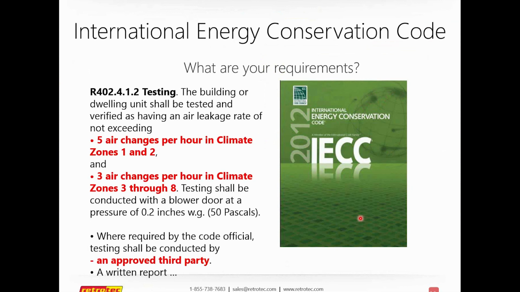Here is what the IECC 2012 specification says: 5 air changes per hour in climate zones 1 and 2, and 3 air changes per hour in climate zones 3 through 8. Where required by the code official, testing shall be conducted by an approved third party with a written report. So that is what this code says.